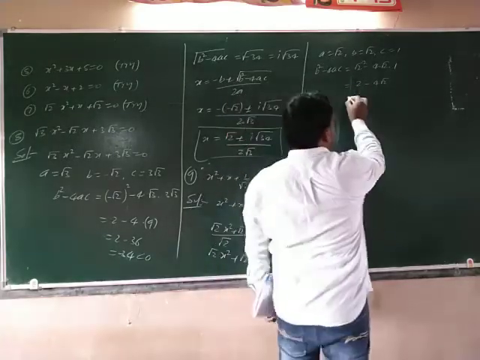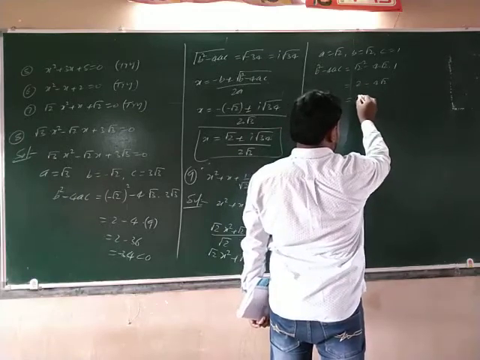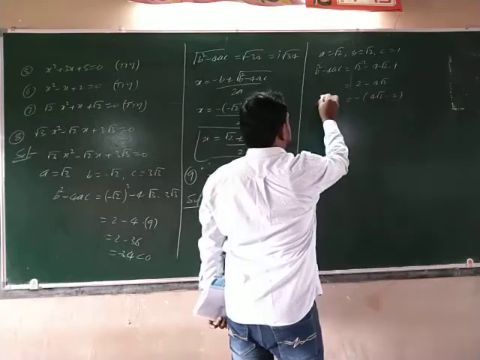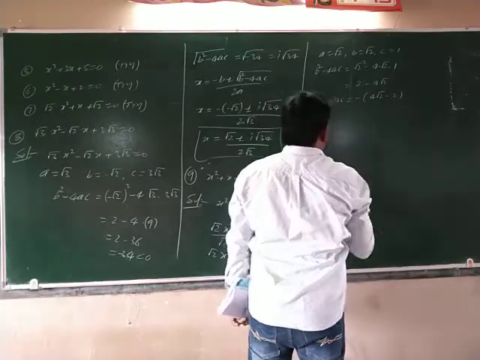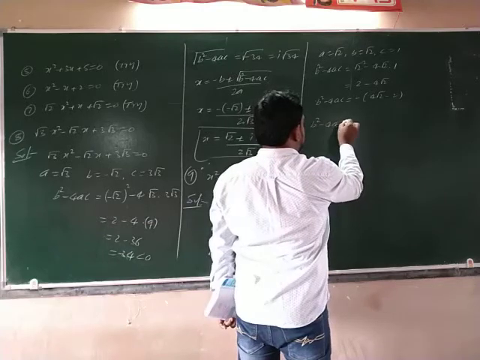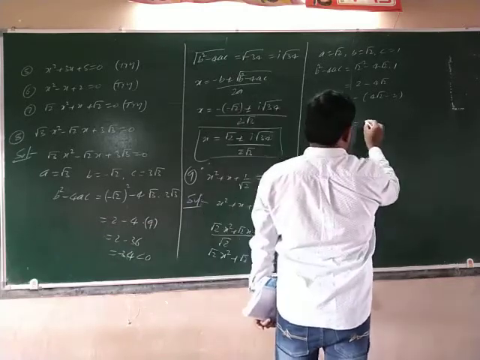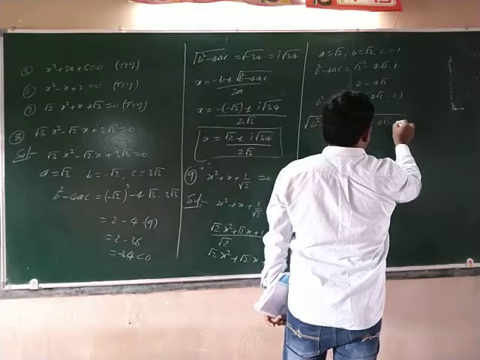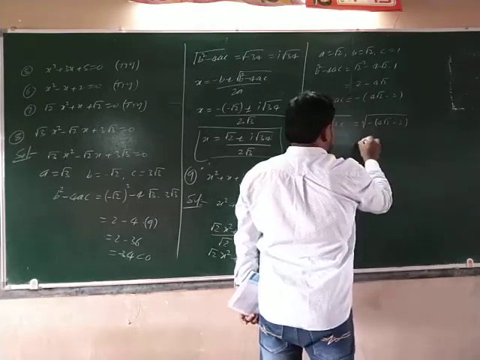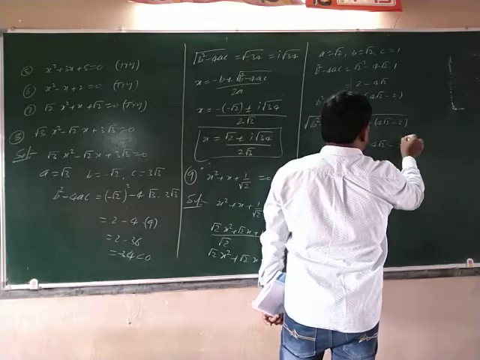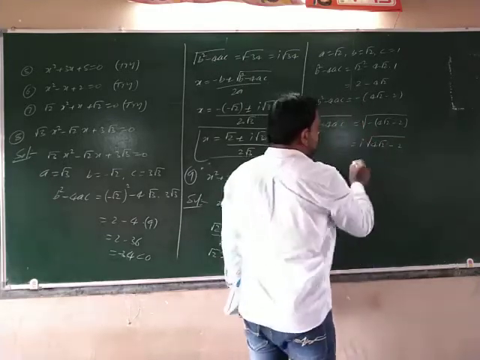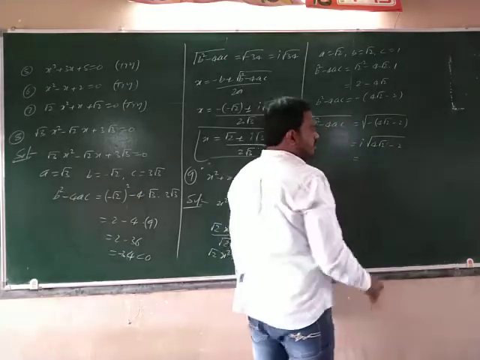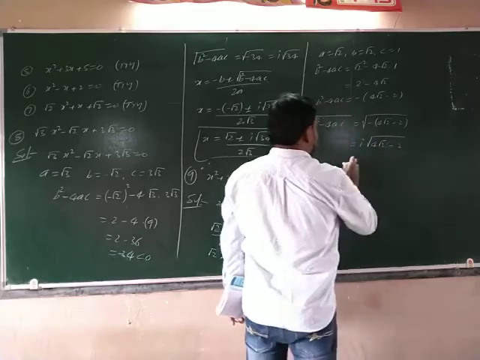So taking minus common, it is 4 root 2 minus 2, which is equal to minus of b square minus 4ac. Now the square root of minus of 4 root 2 minus 2 is i into the square root of 4 root 2 minus 2. If you take 2 common, okay, leave this much now.